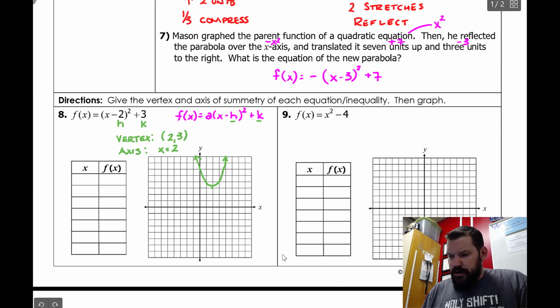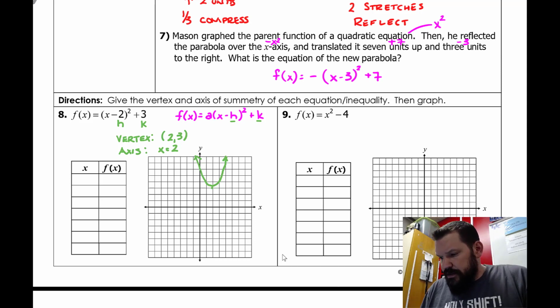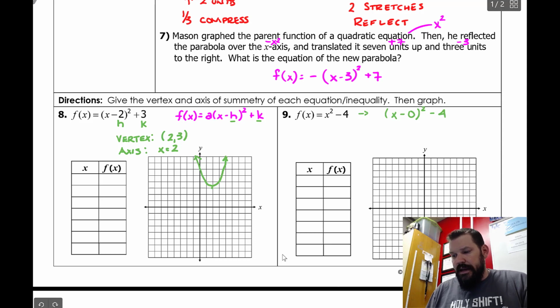So then on number 9, you can look at it and you can see that it doesn't have that x plus or minus something quantity squared, and then there's the minus 4. We can rewrite this as x minus 0 quantity squared minus 4, and now it's in the vertex form of a quadratic, where we have h is 0 and k is negative 4.